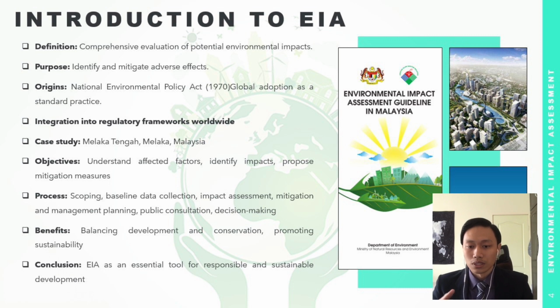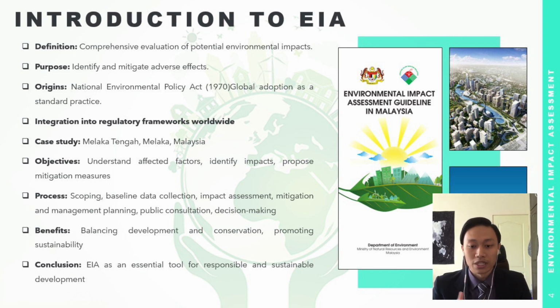EIA follows a structured process, which are scoping, defining the boundaries and focus of the assessment, identifying potential impact to be considered. Second is baseline data collection, which is gathering information about the existing environmental condition. The third one is impact assessment, which is identifying and evaluating potential environmental, social, and economic impacts.